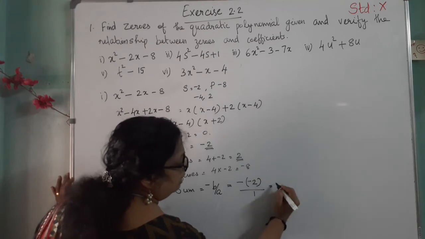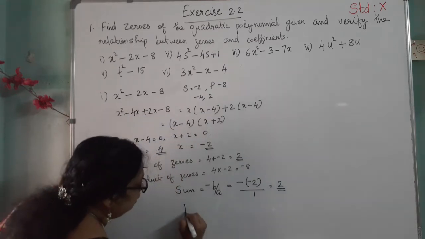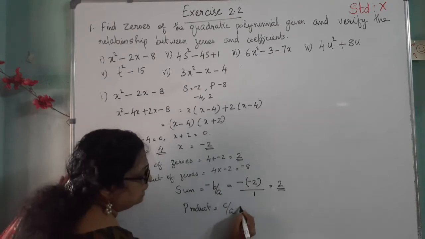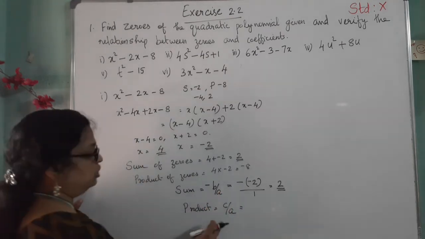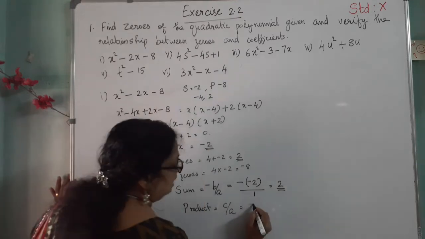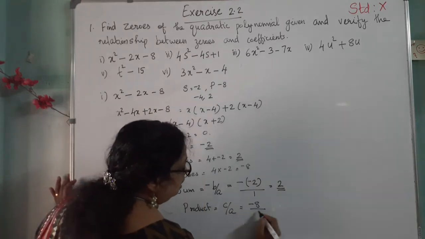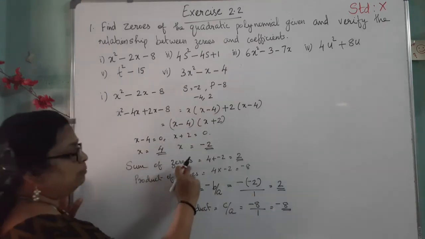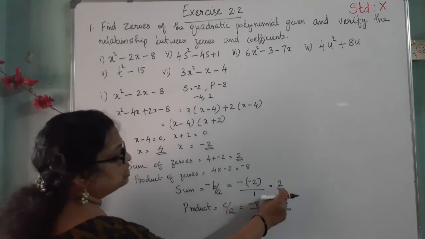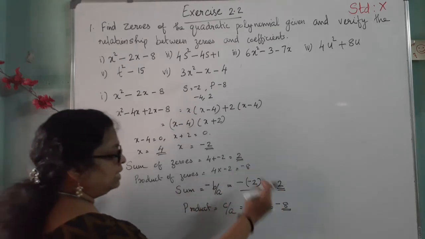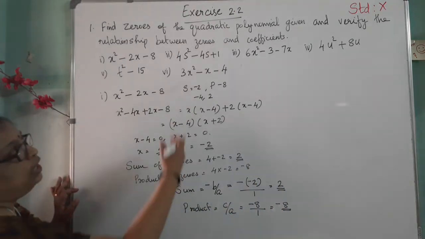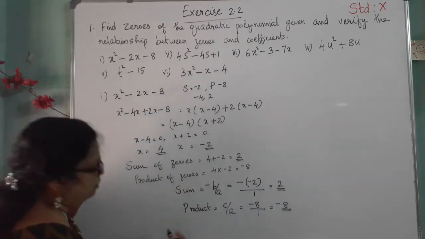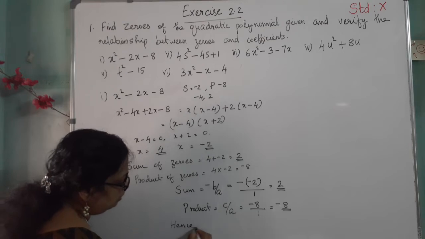That equals 2. Then the product equals c by a, that is the constant term divided by the coefficient of x square. Here the constant term is minus 8 and the coefficient of x square is 1, that equals minus 8. In this way, the sum of zeros we get 2, and here also the sum is 2. The product is minus 8, and here also minus 8. So hence verified the relationship between zeros and coefficients.